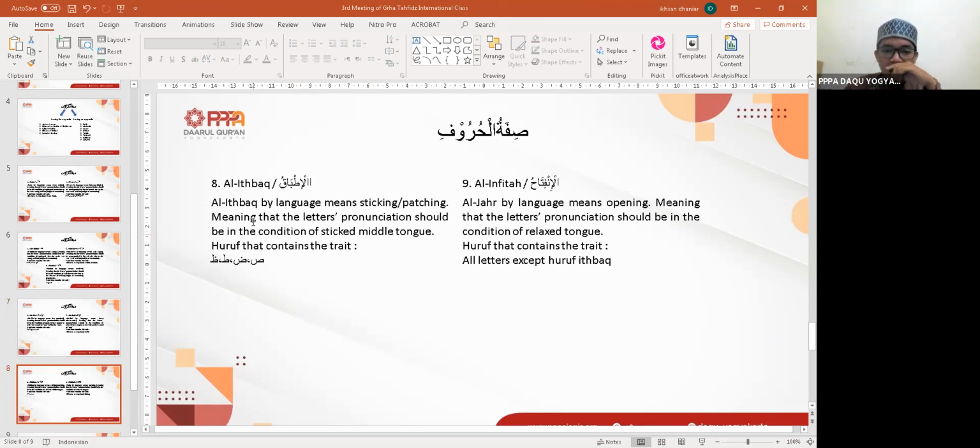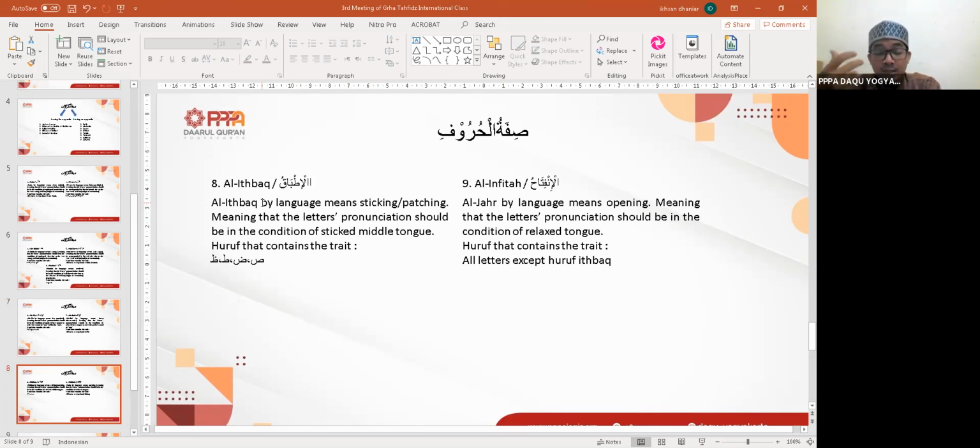The next is al-itbaq, which opposes al-infitah. Al-itbaq by language means sticking or patching. So what should be stuck or patched, and where?